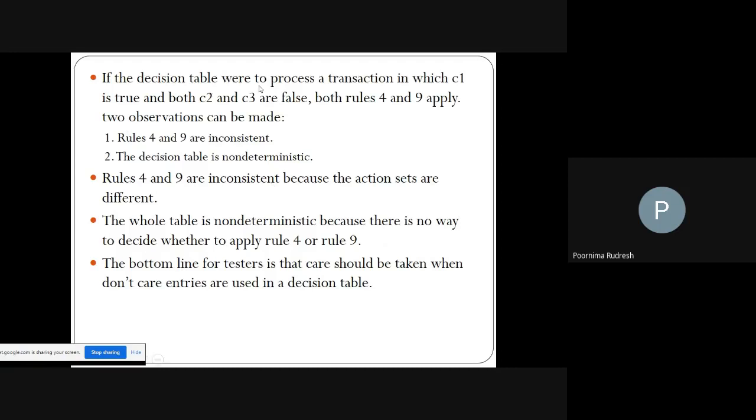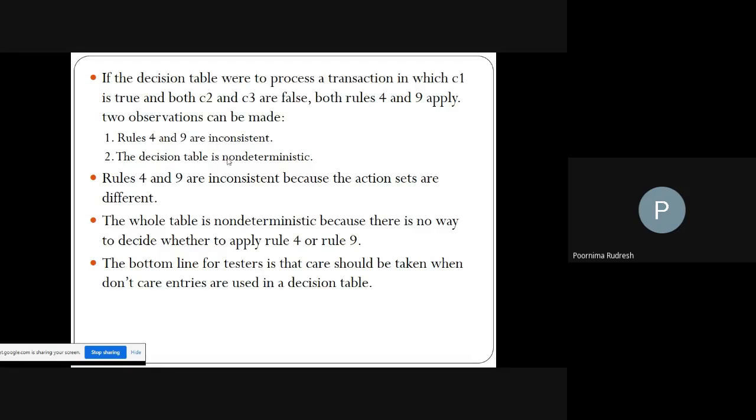See here, if the decision table were to process a transaction in which C1 is true and both C2 and C3 are false, then rules 4 and 9 apply. Here we will have two observations. One is that rules 4 and 9 are inconsistent, and the other is that the decision table is non-deterministic.